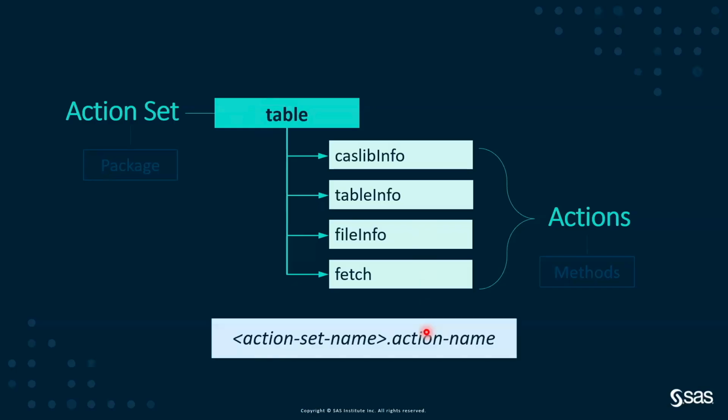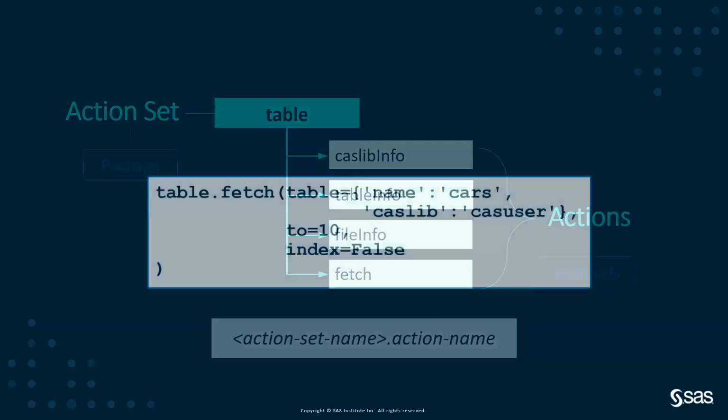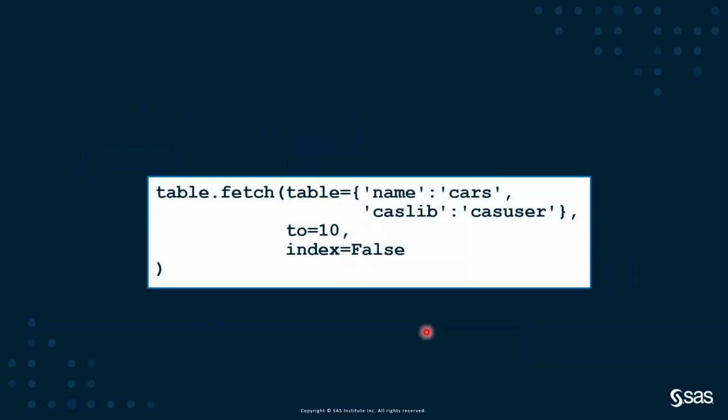So usually action set dot action name is how the command would go or the entry would go in a CAS language programming line. Now here is an example of a typical action set that you might want to use in CAS language. So you want to say table.fetch. So this is the action set, and this is the name of a specific activity or action that you want to take, or a method of fetch. And then you want to specify, okay, this table name from this library.